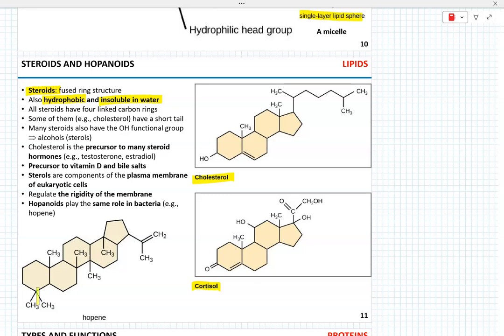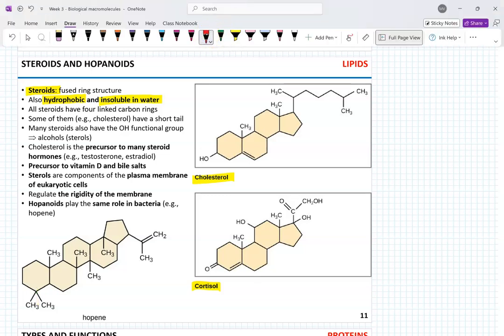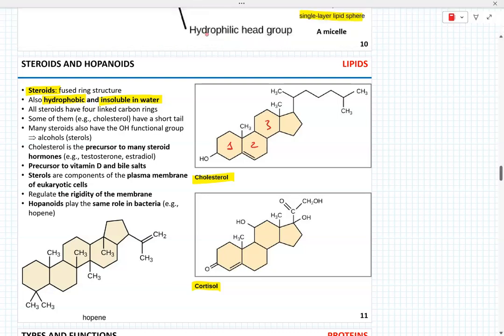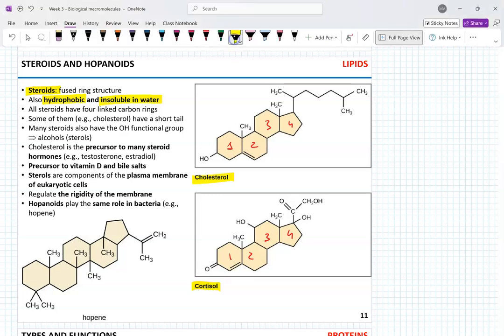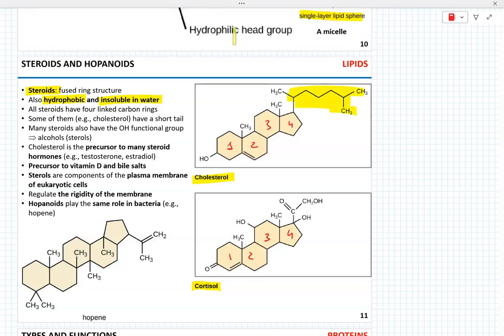All of them have 4 linked hydrocarbon rings: 1, 2, 3, and 4. Some of them, however, are modified. For example, cholesterol has this hydrocarbon tail. Many of them have functional groups, such as hydroxyl, methyl, and carbonyl groups.